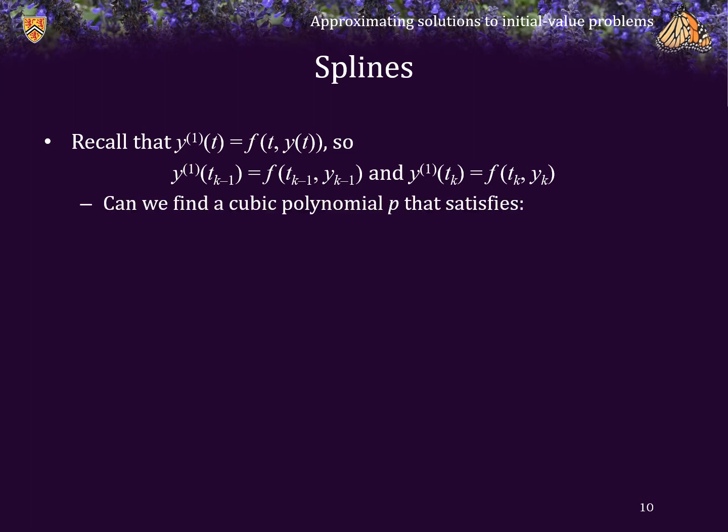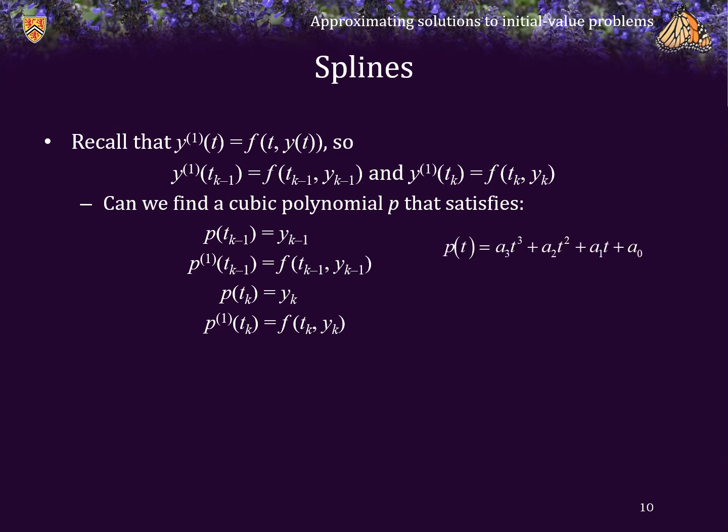We can find a cubic polynomial that satisfies these 4 conditions. First, the value of the polynomial is equal to y_{k-1} at the point t_{k-1}, but also the derivative at that point matches the derivative given by the differential equation. Similarly, at the right-hand endpoint, the value of the polynomial matches the value that we estimate, and the slope at that point equals the slope as given by the ordinary differential equation.